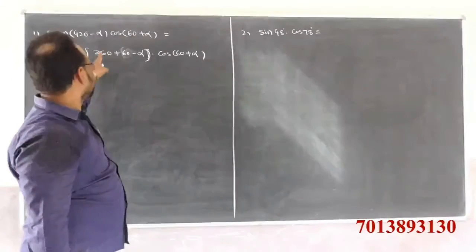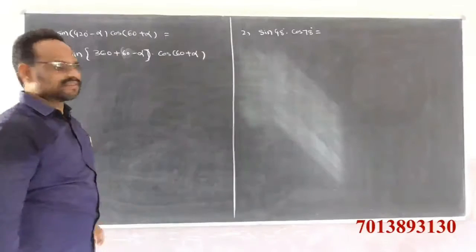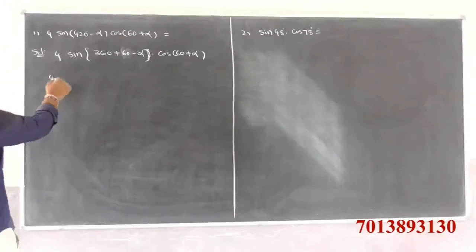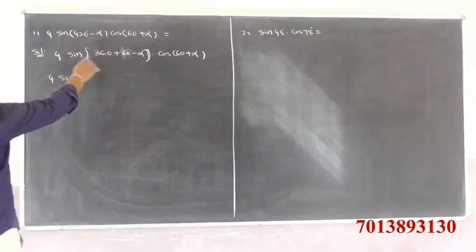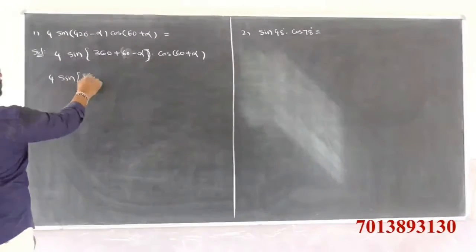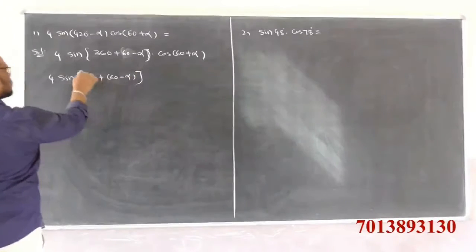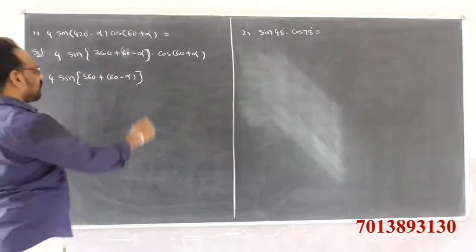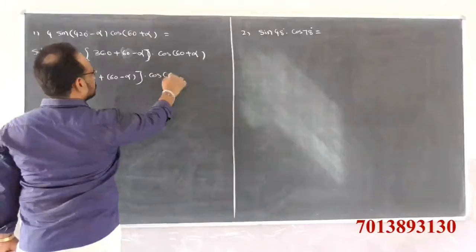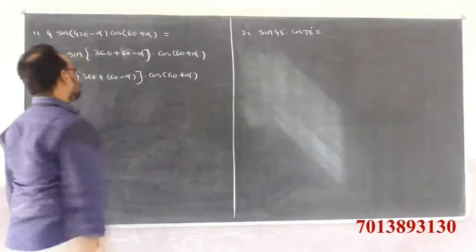So this 420 can be expressed as 360 plus 60. So 4 times sine of (360 plus 60 minus alpha) into cos(60 plus alpha).